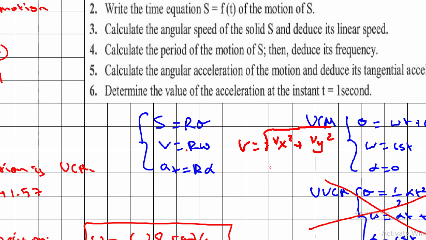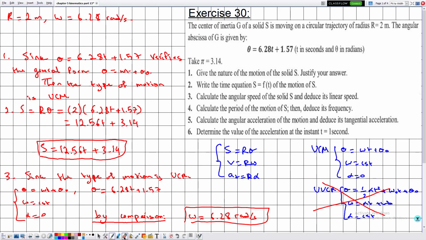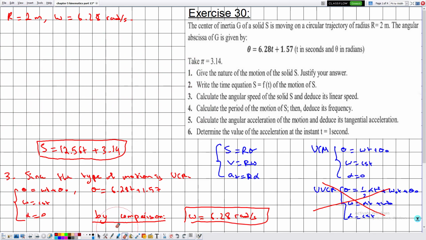However, we know v as a function of r and omega. So simply the speed will be r multiplied by omega, so 2 multiplied by 6.28, which is equal to 12.56 meters per second, because everything is expressed in the SI. So V is equal to 12.56 meters per second.